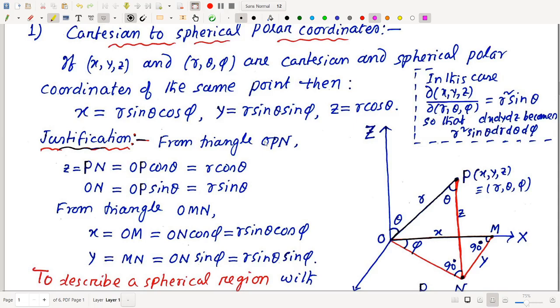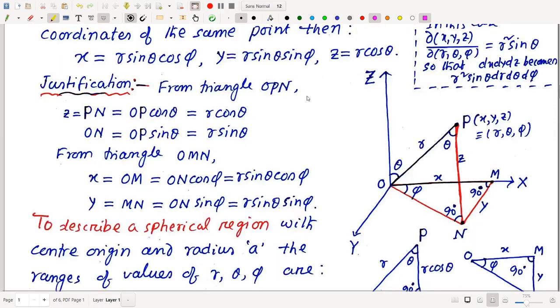We shall use this. Now let us see the justification of this relation. If P is any point with Cartesian coordinates x, y, z, say PN is dropped perpendicular on the xy plane, ON is joined, NM is perpendicular on the x-axis. Then OM is x, MN is y, and NP is z. These are the Cartesian coordinates x, y, z. Now what are the spherical polar coordinates?